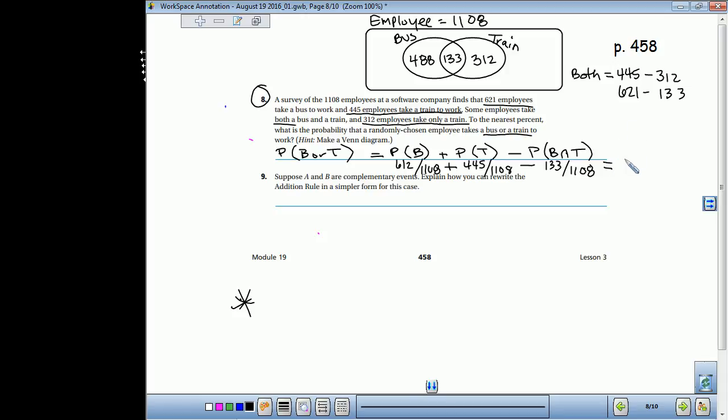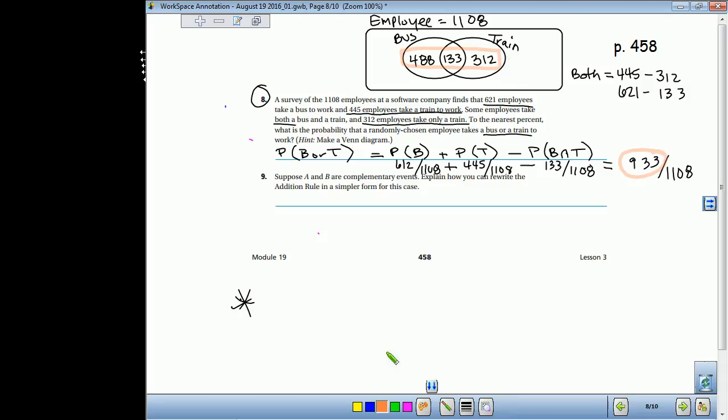And when we do the math, we get 933 out of 1108. What do you think I would get if I added up those three numbers? 1,066. I would get that. So I can either add them up and subtract the overlap, or I can complete the Venn diagram and add up what's in it. Does that make sense?